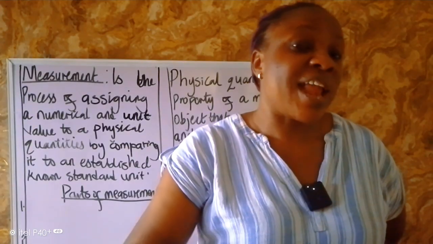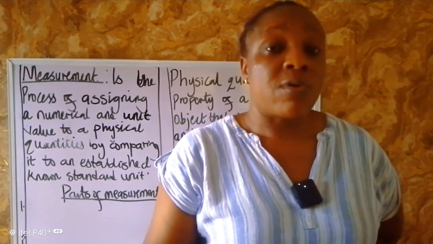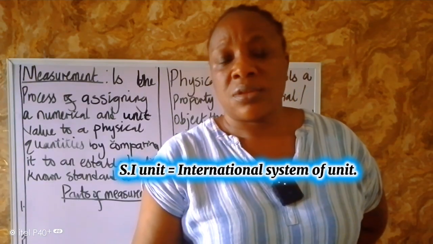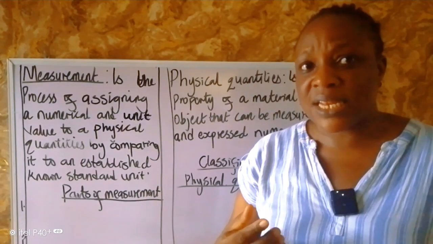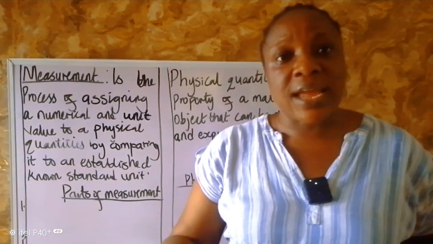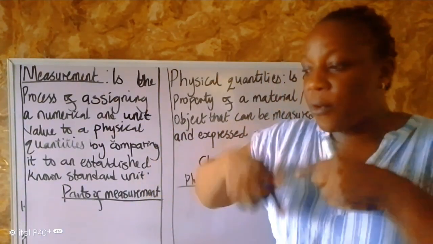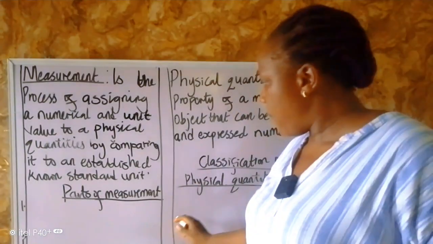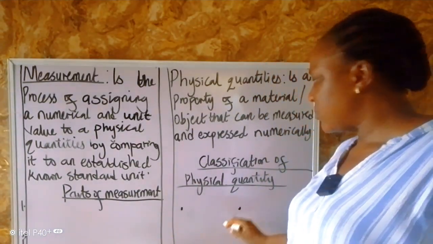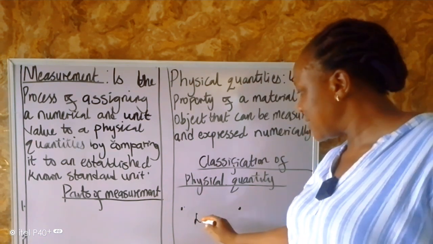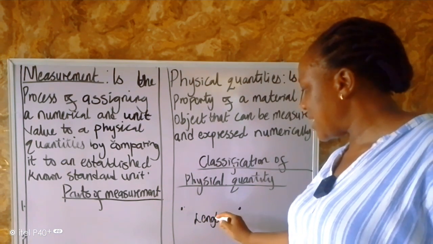It is internationally accepted. Moreover, the unit is known as SI units. So the scientists come up and say something like this. Okay, let's say that the space between one point and another, let's call this space between this point and another length. Let's call it length.